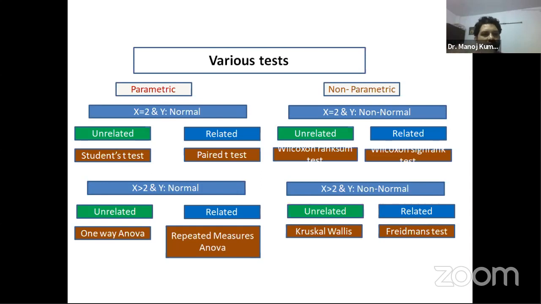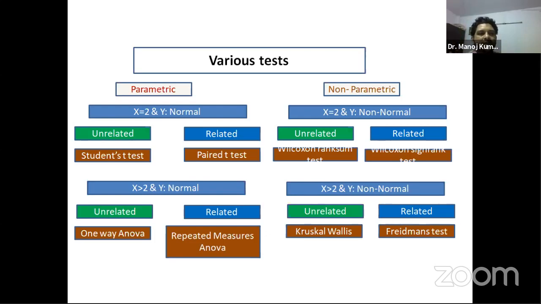Here you will see that x equals 2 and y is normal. Y is normal means your data is normal, and there are two categories, or two variables, that you are using here. And if x is greater than 2 and y is normal, that means you have more than two samples.